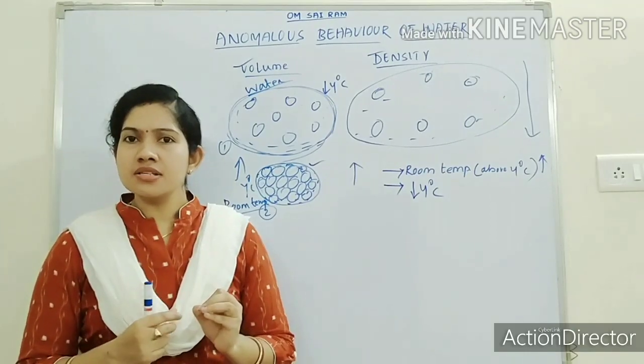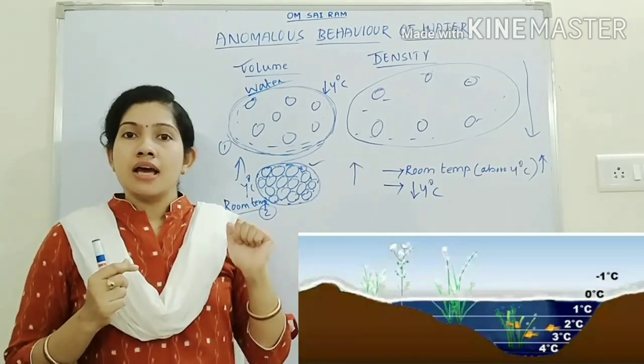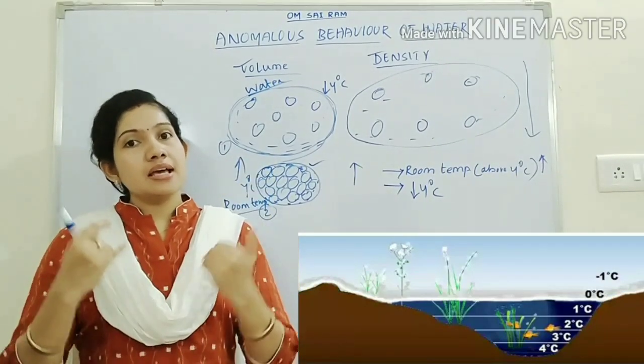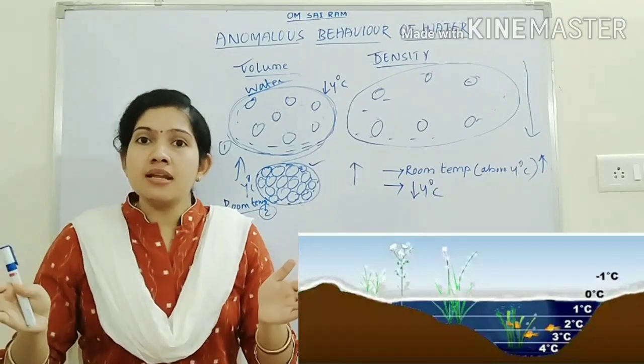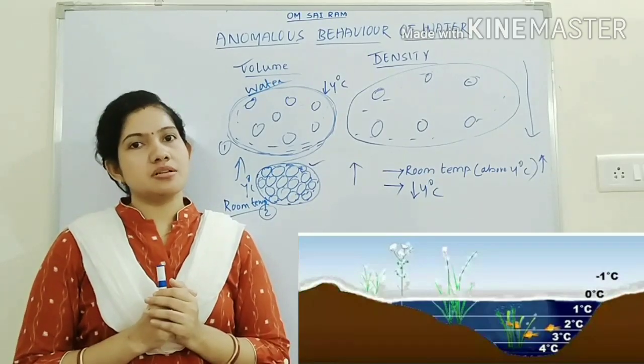Isn't it very interesting how the upper layer of water is ice, but in the layers below, the water body and all the aquatic animals have not frozen and are in their normal position?